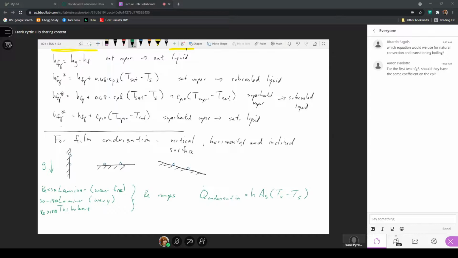Now, these expressions are going to be different because the physical properties associated with the fluids when they are moving over the surfaces are different.